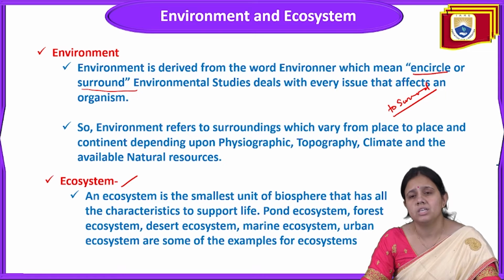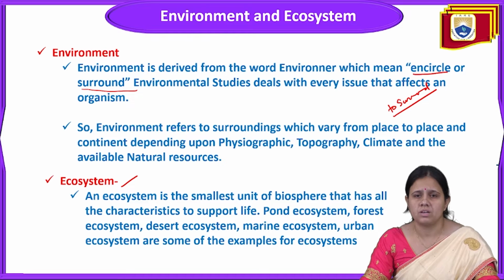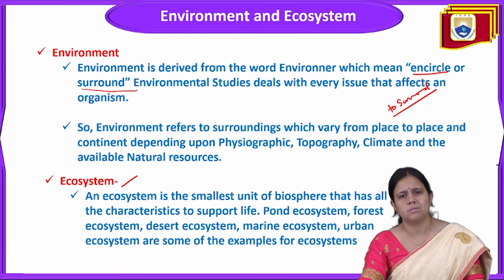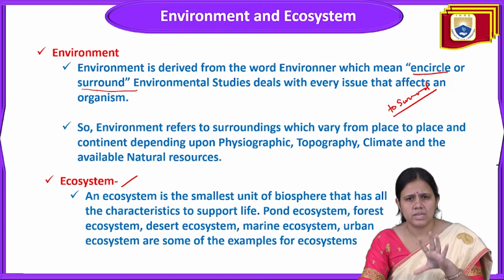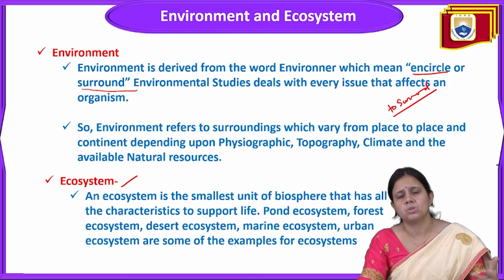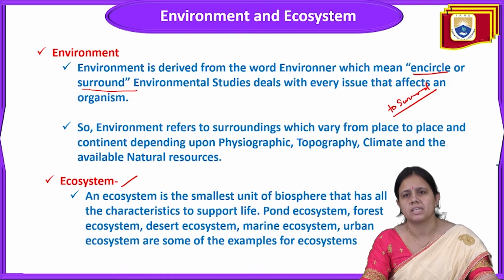Examples are pond, forest, desert, marine and urban ecosystems. Ecosystem is the smallest structural unit that supports all life present on the earth. An ecosystem has two components, abiotic components and biotic components.